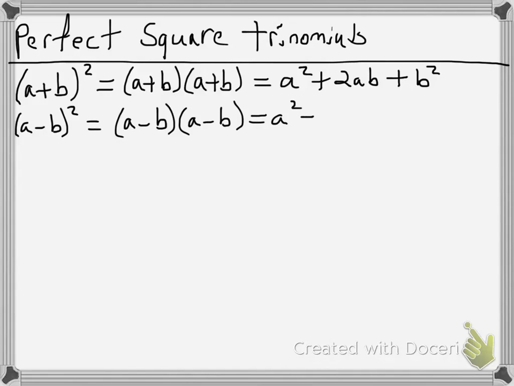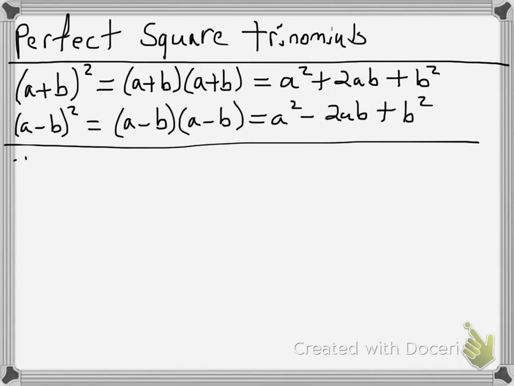Okay. So our goal, again, kind of like recognition of difference of squares, is recognition of perfect square trinomials. If you can see it's a perfect square trinomial, you're making your life a lot easier.